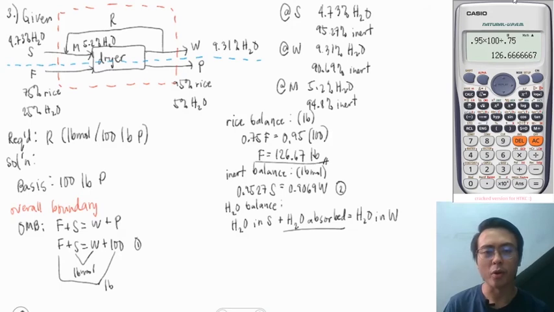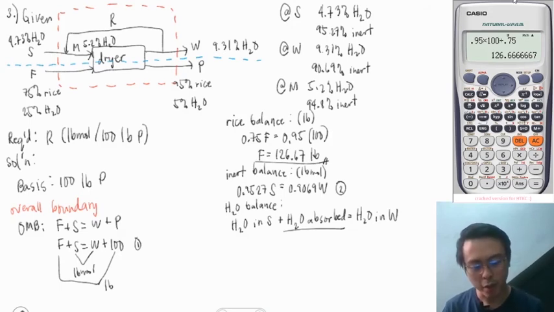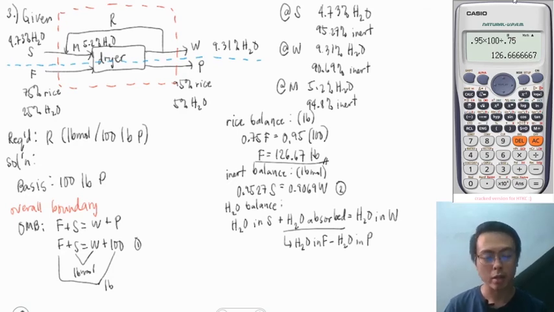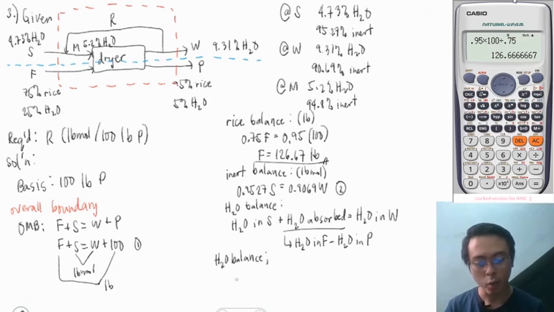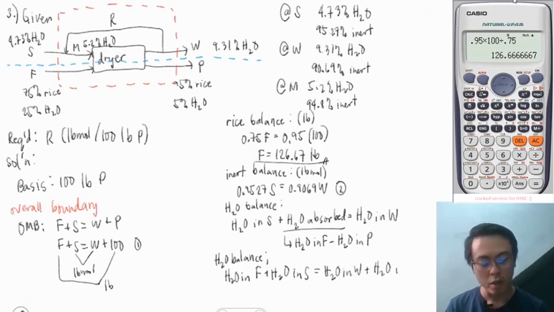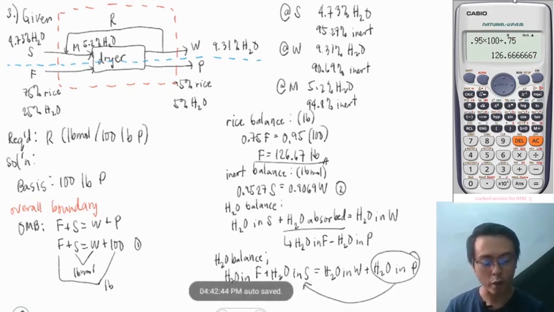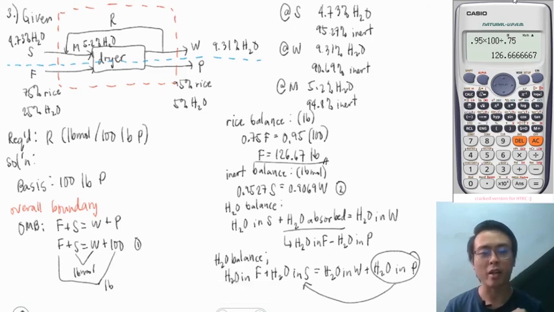The water absorbed, or the water lost by the rice in this process, is simply calculated as the water that was initially present in F minus the remaining water in P. Now, this might look very confusing, but if you perform the conventional water balance, this is simply water in F, which is the input, plus water in S, another input, is equal to the water in W plus the water in P. If you take the water in P and transpose that to the other side of the equation, we would have water in F minus water in P. That is simply the amount of water absorbed.